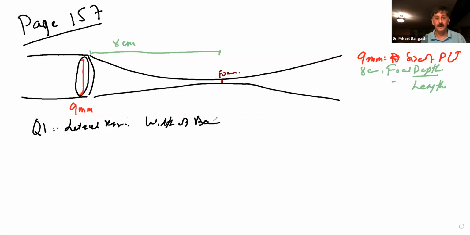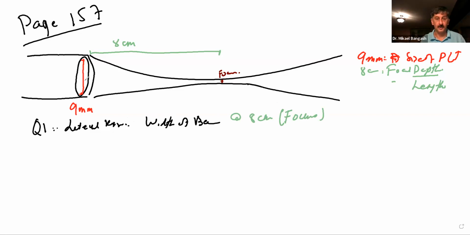And here they gave us the depth, which is at 8 centimeters. At 8 centimeters, that's where we have the focus, as we just mentioned here.